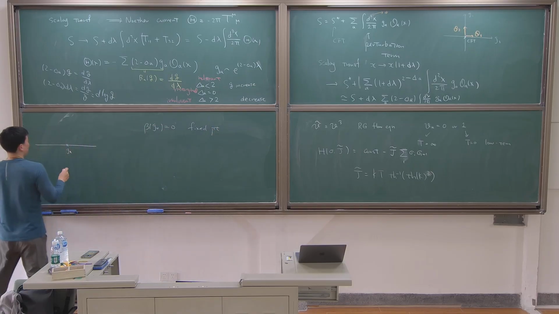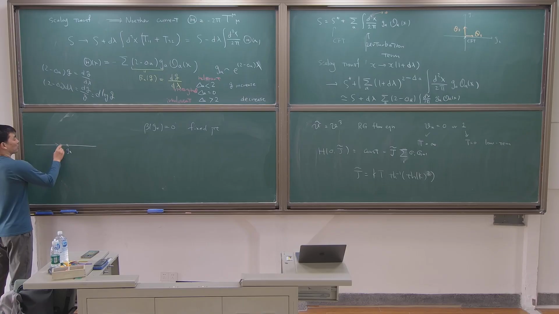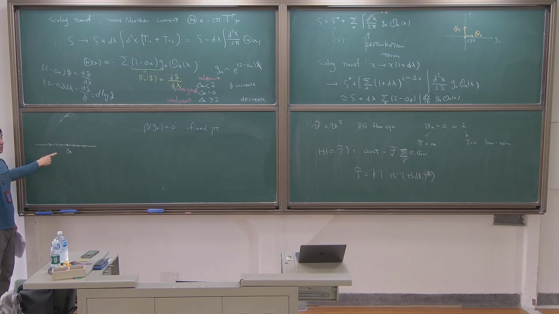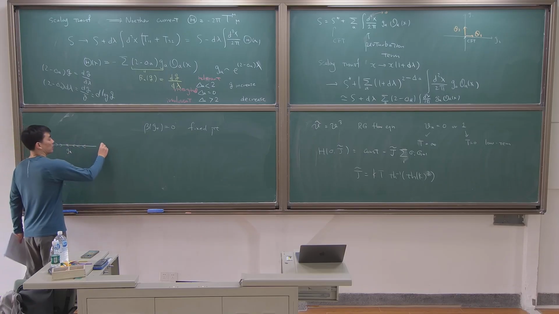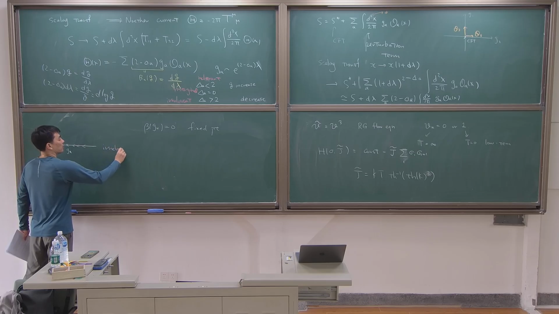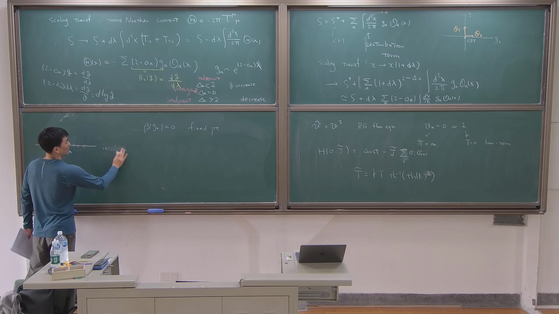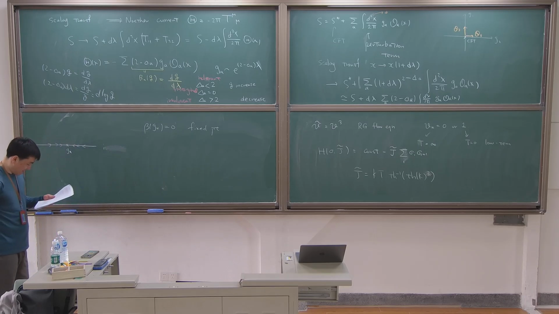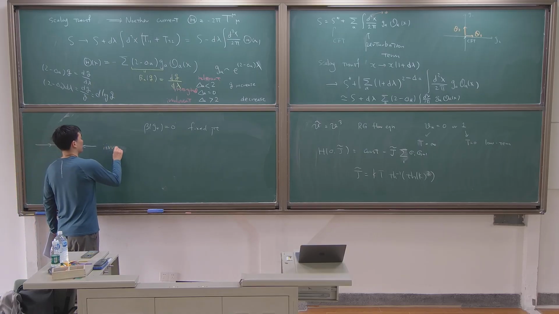Irrelevant means that the irrelevant deformation always just flows to the fixed point G star. Even if you deform the theory, it just goes back if you integrate over the high energy scale. So this is an irrelevant deformation.